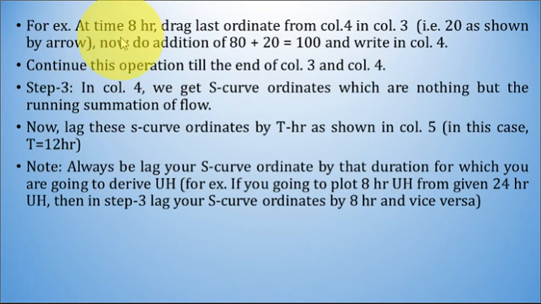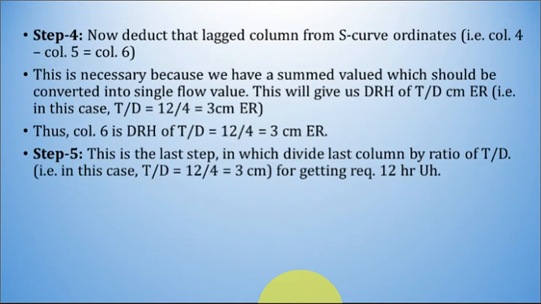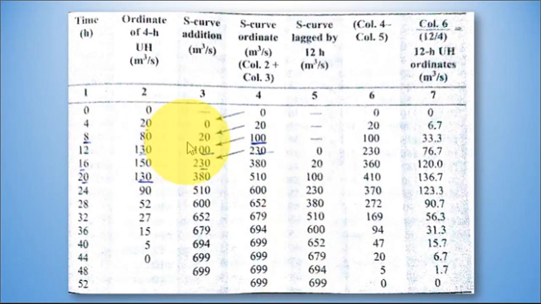For example, at time 8 hour, drag the last ordinate from column number 4 into column 3, that is 20, as shown by the arrow. Now do the addition of 80 plus 20, 100, and write it in column number 4. Here you can see 80 plus 20, 100, written in column number 4.